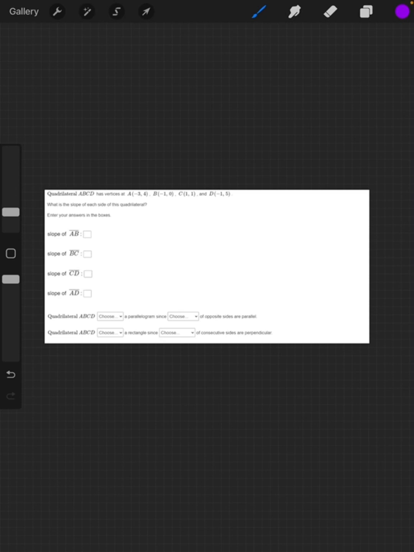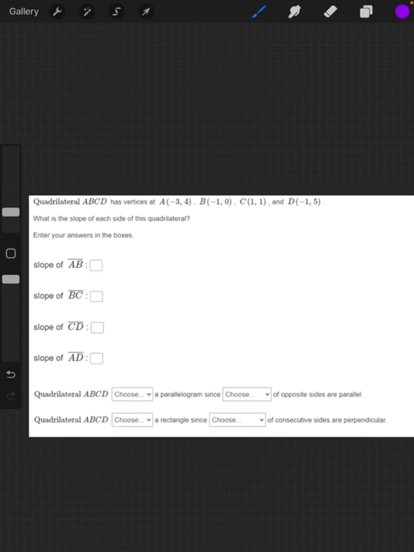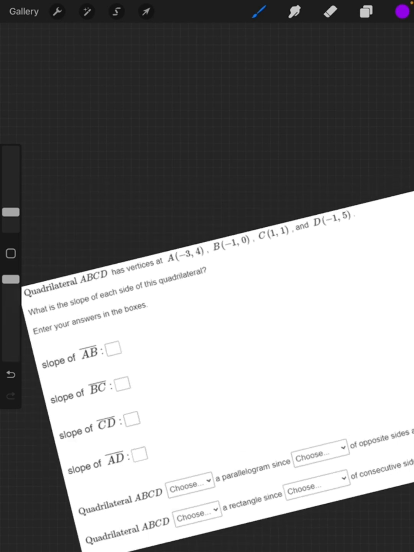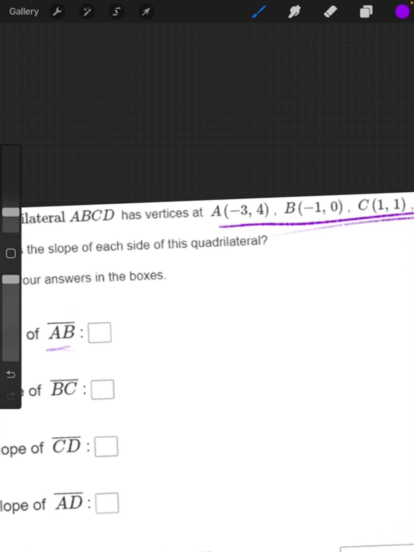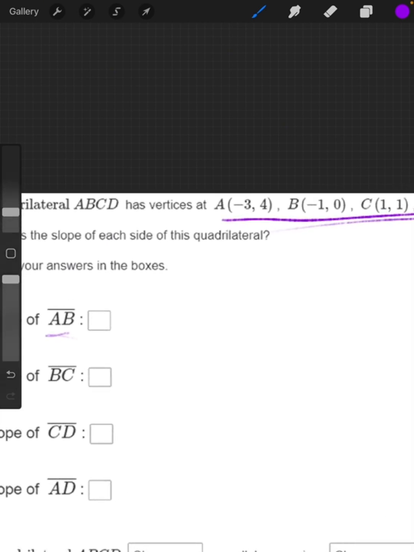Anyways, let's get on to this problem, which is related to quadrilaterals and parallelograms. My favorite. Okay, so we got all our information on the slopes right there. On the first slope, we need to find A to B. So first, let's look at y.